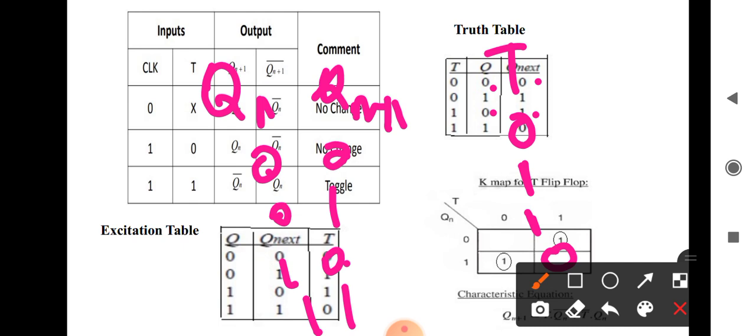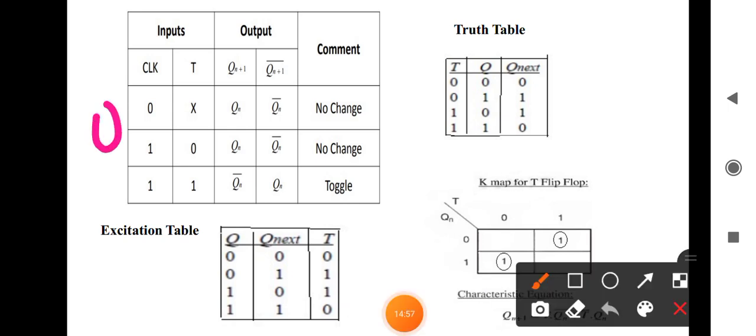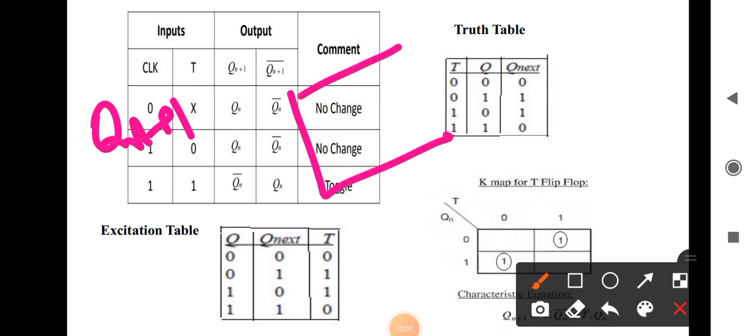So from this one we write down the truth table, and from the excitation equation we write down the K map, and from this K map we can get the Qn plus 1. For Qn plus 1, we find the two variable K map.